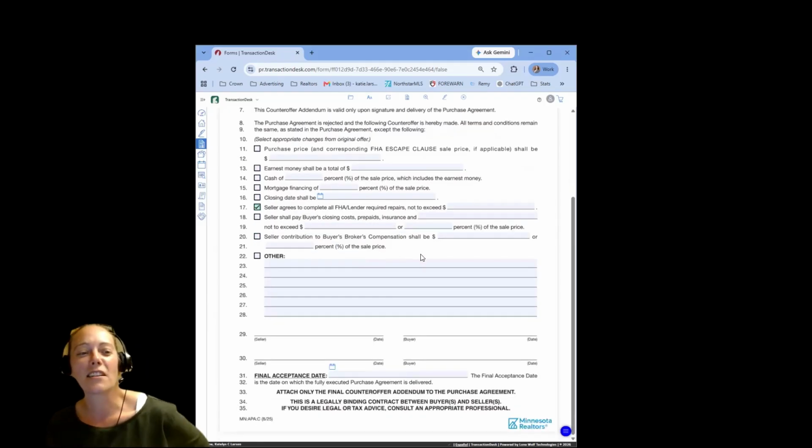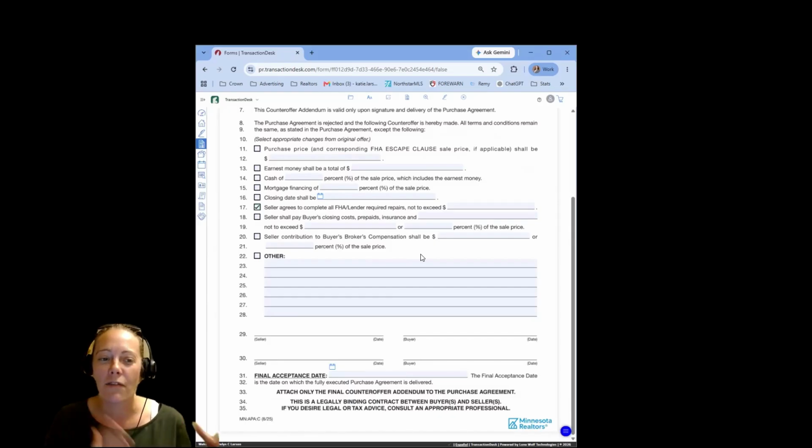Okay, line 17 talks about the seller agrees to complete all FHA lender required repairs, not to exceed whatever amount you're going to put in here. So these are the work orders that are referenced in the purchase agreement within the mortgage finance contingency.